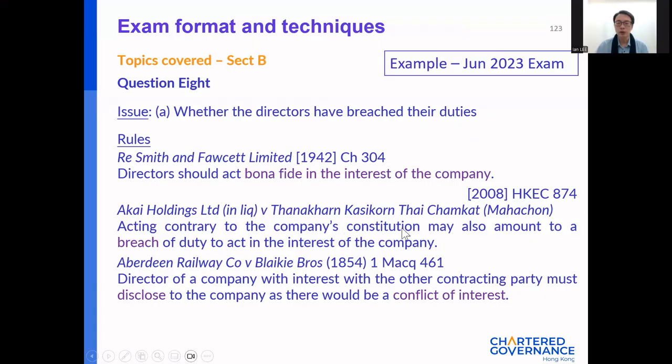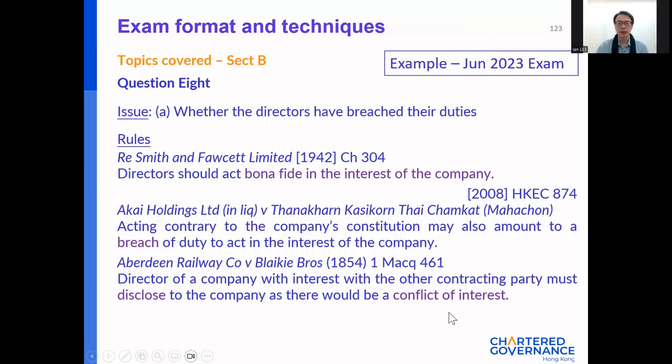If your company's constitution, your article says you can do this, you cannot do that, and you act against that article, then of course, it will look like you have breached your duty to act in the interest of the company. And then in the third case, of course, we have seen this a number of times already, a director has a duty to avoid a conflict of interest.